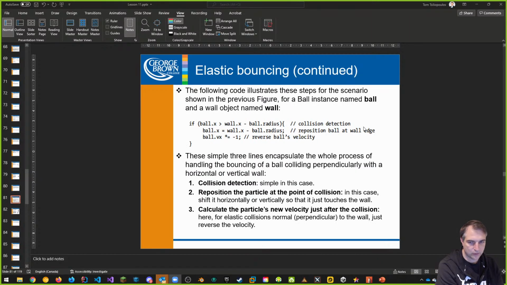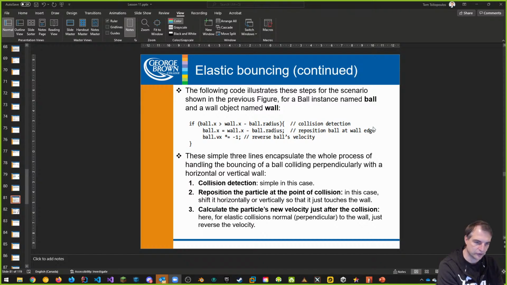So the following code illustrates the steps for the scenario shown in the previous figure. If a ball instance named ball and a wall object named wall collide, here's collision detection. If ball X is greater than wall X, on the x-axis, minus the ball radius, very simple, then ball X is equal to wall X minus the ball radius.